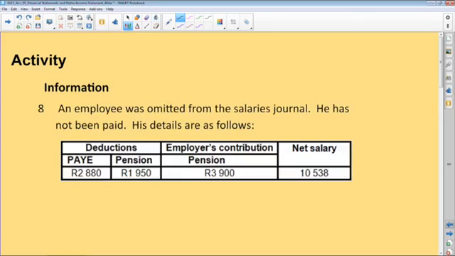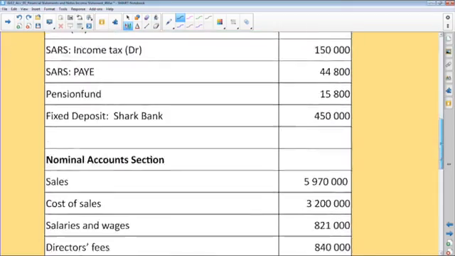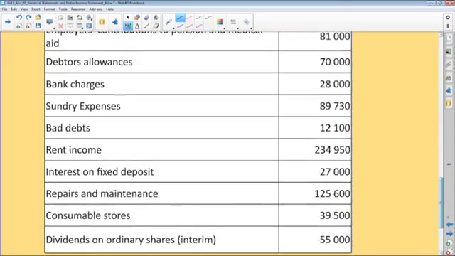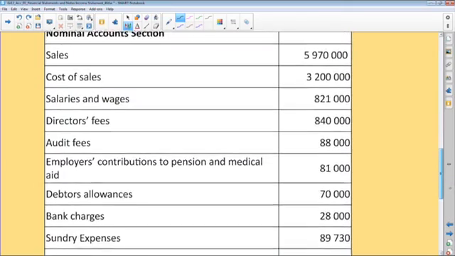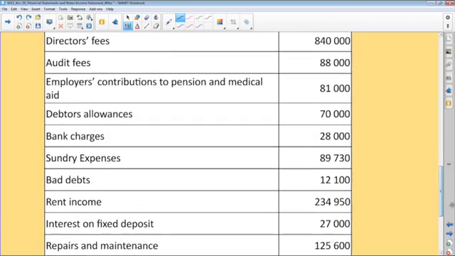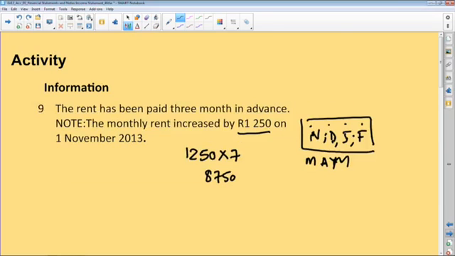Now we tell ourselves, right, what was the original amount that we had? Let's identify it. We've got it here. So it says here, rent income 234,950. So obviously, when the question said the rent was paid 3 months in advance, it meant that our tenant paid us 3 months in advance.